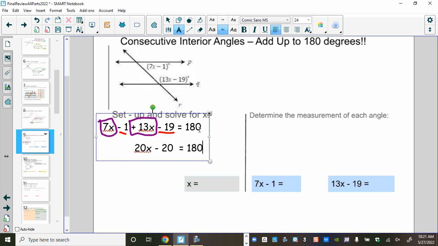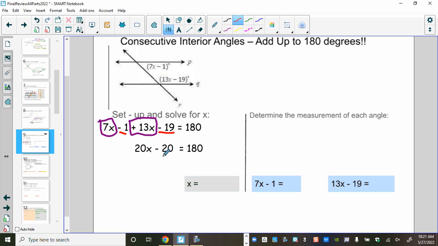So then, add 20 to both sides. Yes, good move. Add 20. So that equals 200. 20x equals 200. Yep. And then divide by 20. And then x would be 10. Very good.